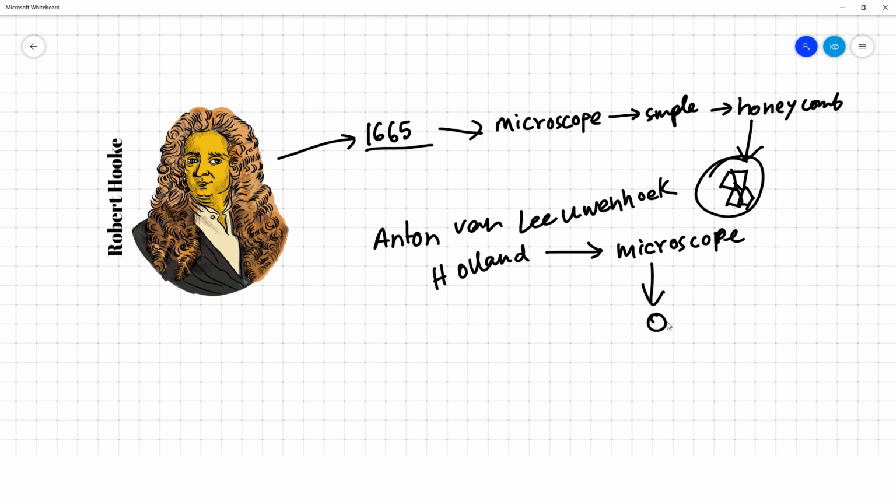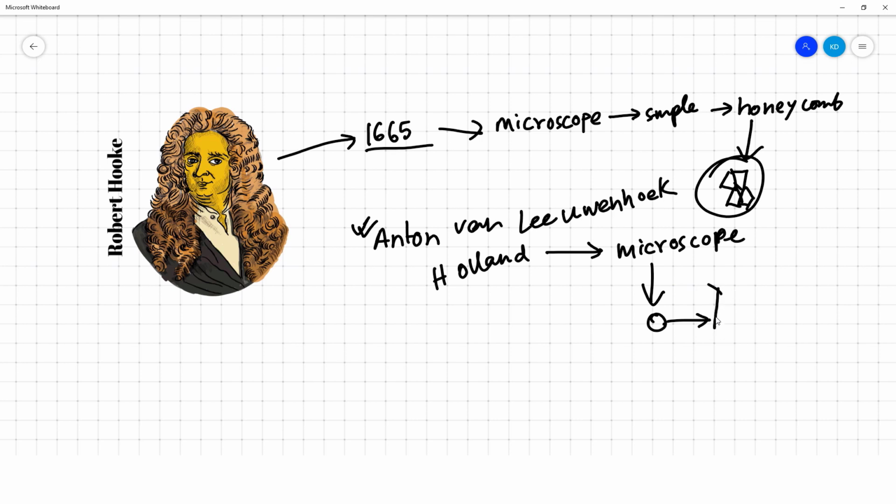Remember this point. In fact, the Leeuwenhoek microscope was almost as strong as a modern light microscope. Using his microscope, Leeuwenhoek was the first person to observe human cells and bacteria.